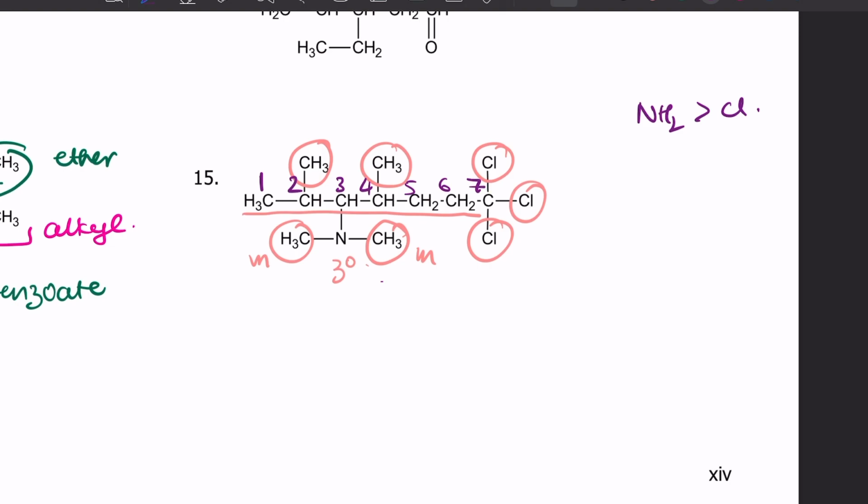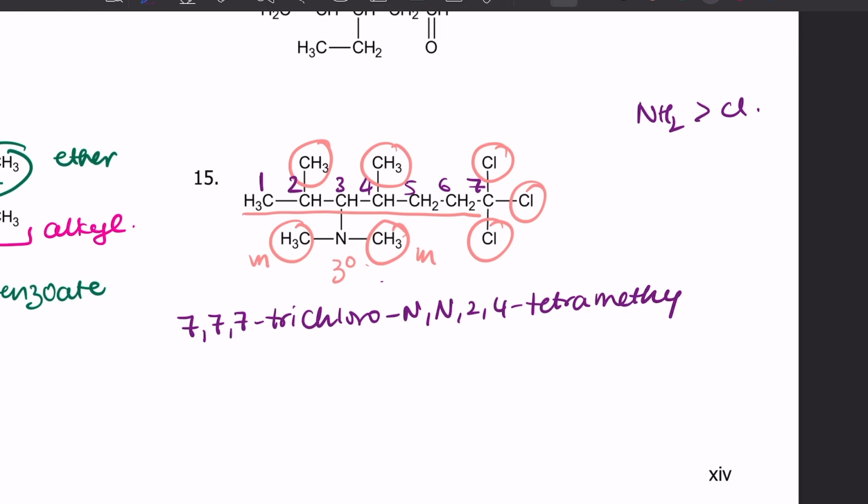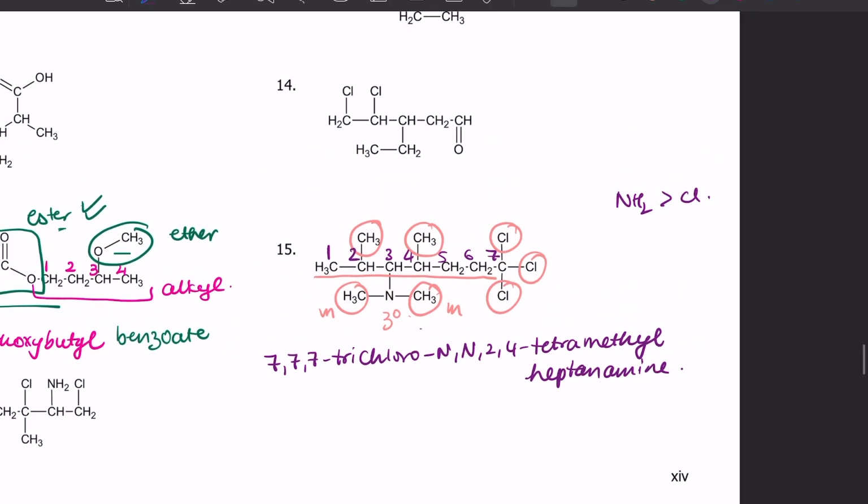So 1, 2, 3, 4, 5, 6, 7. So this is a heptanamine, and because C comes before M, we will write the chloro part first. So 7,7,7-trichloro-N,N,2,4-tetramethylheptanamine.